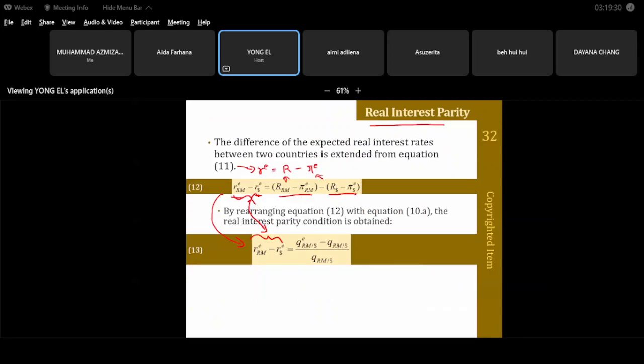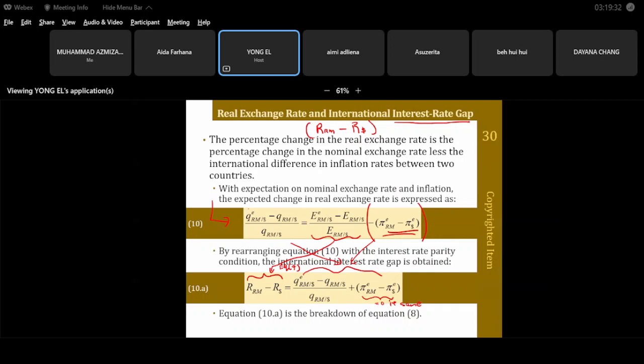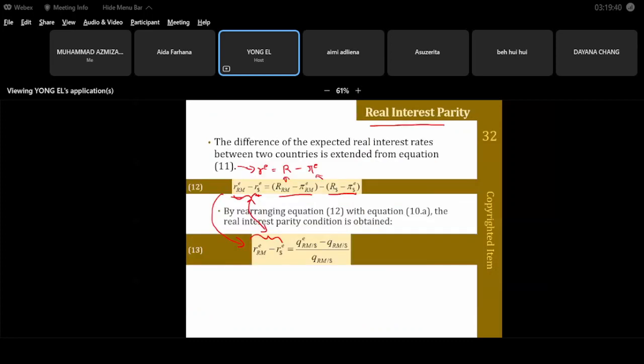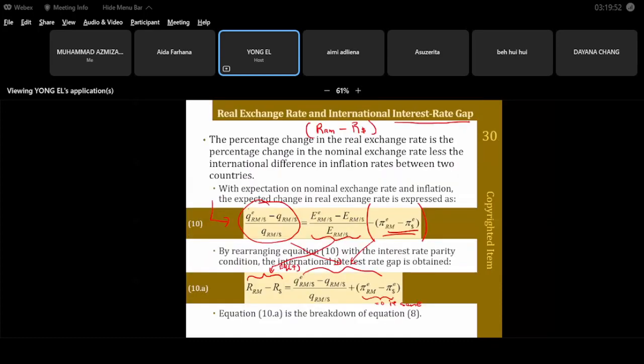Like this one. I don't know whether you see it or not, but it's very clear. This one is equal to this one, but this one is equal to this part. Same, right here. Because the percentage change in nominal exchange rate is also equal to this one.